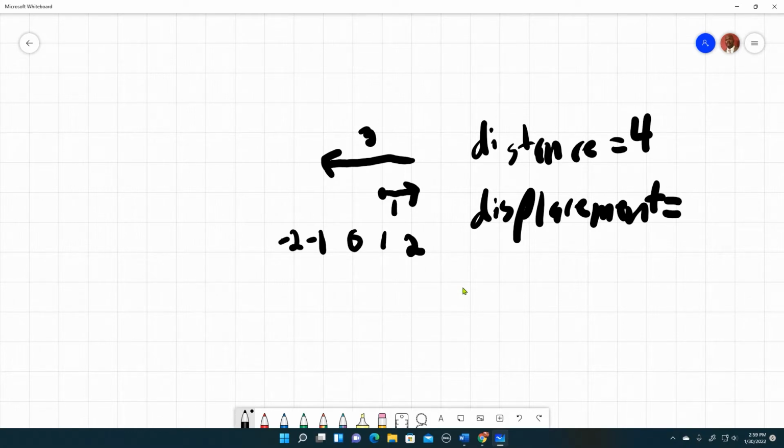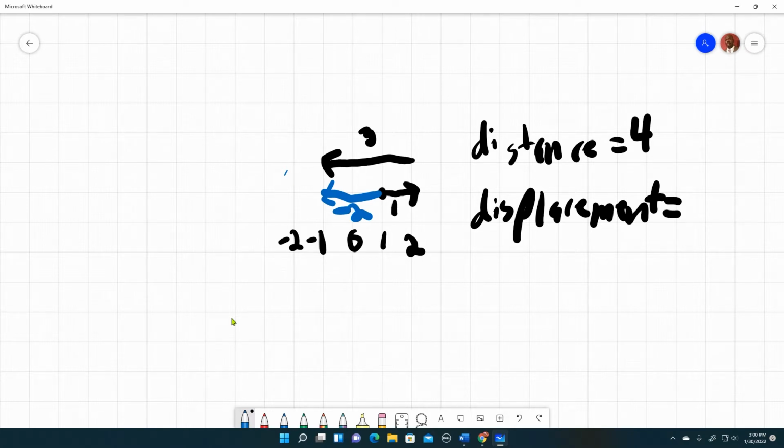So we started off at 1 and we ended at -1. So we were displaced 2 units to the left. And for displacement, the value can be negative.